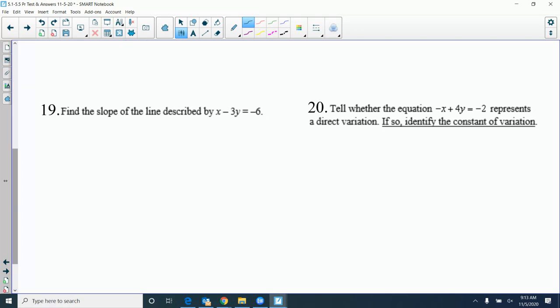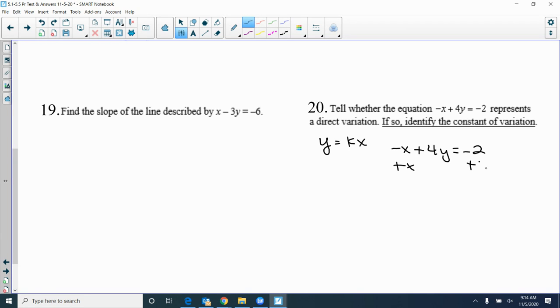20, direct variation. Remember, that is y equals kx. You need to highlight that. That was on the notes we did yesterday because that tends to be forgotten. Can you write it as y equals a number times x? This one will not be. Negative x plus 4y equals -2.